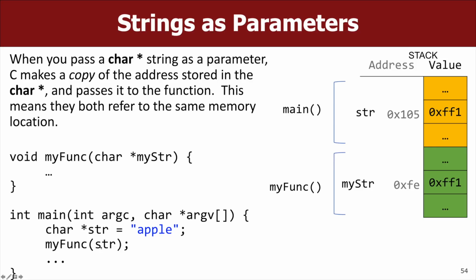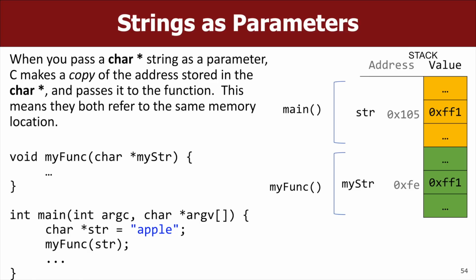So for example, str over here maybe stores the address 0xff1 for where the A lives in apple. When I pass it as a parameter, it just passes this address. So this same address is stored in my str, which maybe lives at some address like 0xfe. So this means that both of those variables store the same address and therefore refer to the same memory location.